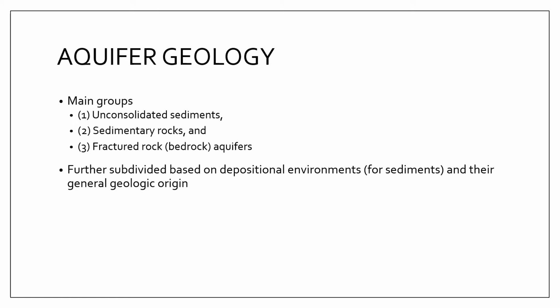First is your unconsolidated sediments, which are mostly your soils and some rocks that are too soft to be considered rock by engineers, so they're considered as sediments, such as your ash or tuff or heavily weathered basalt, right? So those are still considered as unconsolidated sediments in hydrogeology.